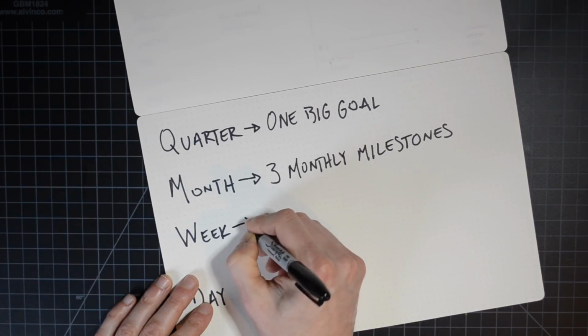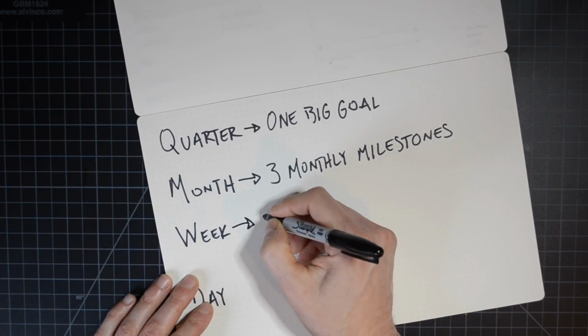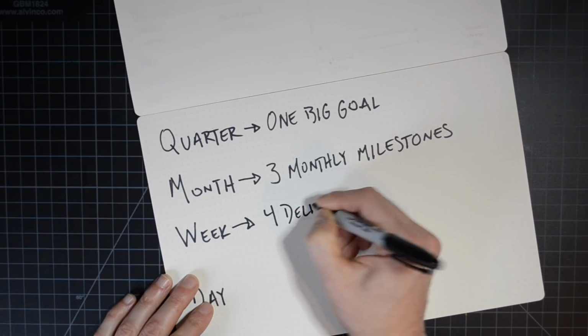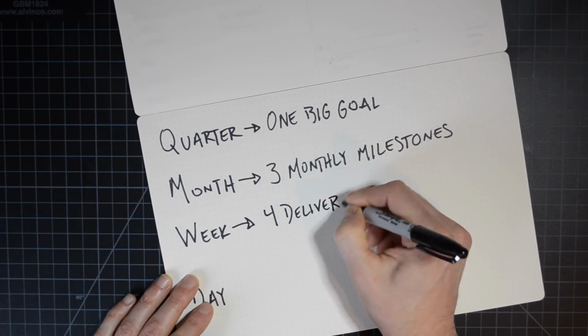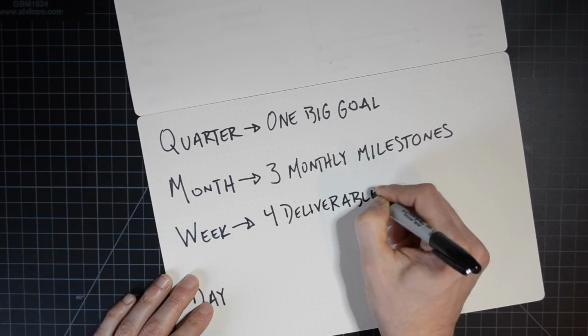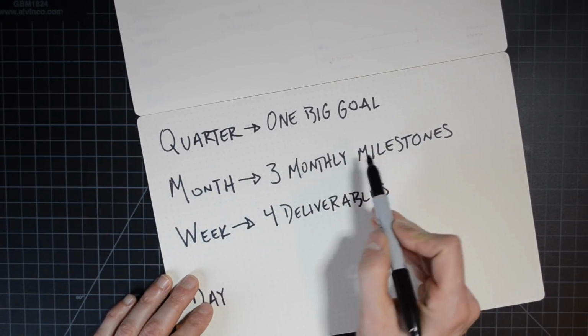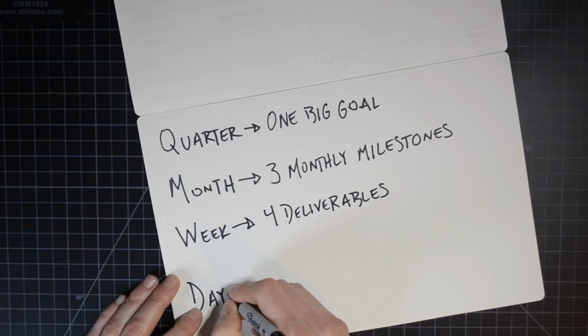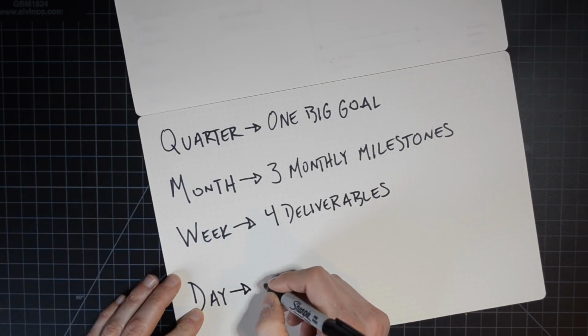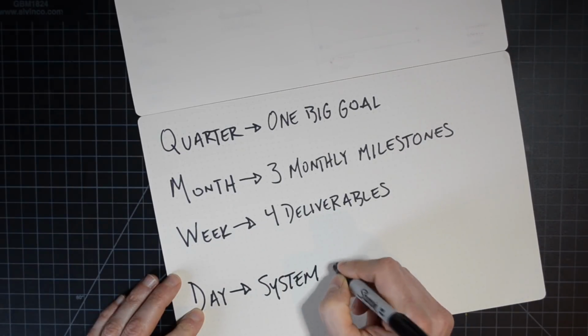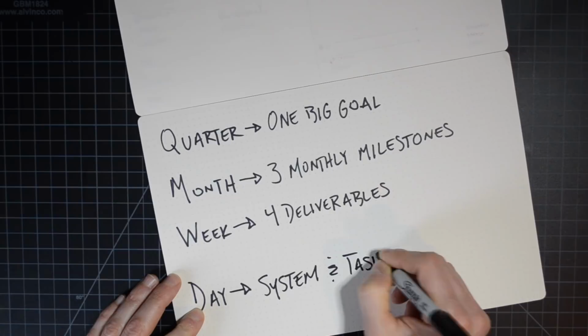And then we're going to break it down even further. So what are the 4 deliverables that you can have each week that, if accomplished, will help you meet that month's milestones? And then what is the system or the process that you can have every day that will help you reach that weekly deliverable?